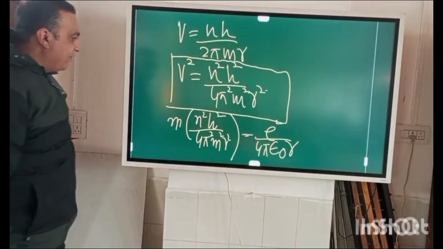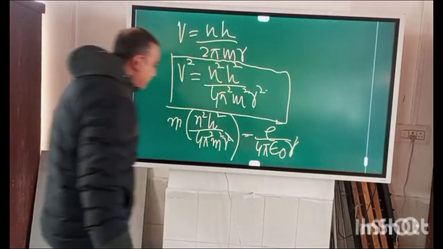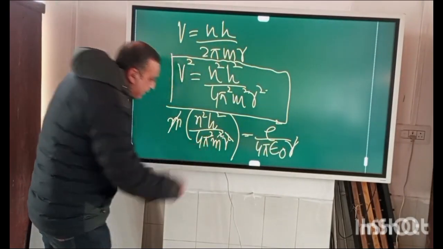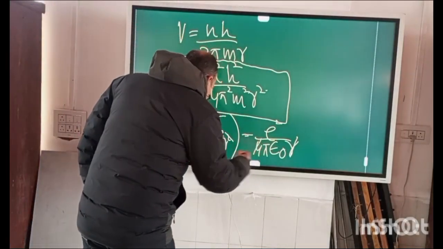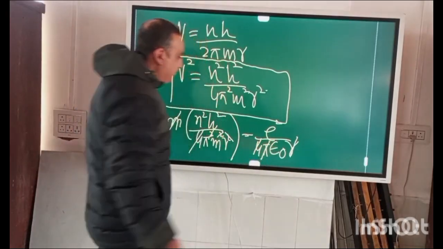Fine? Now you can cancel square of r and r. You can cancel this m with the square of this. You can cancel this 4 with this 4. You can cancel this pi with the square.